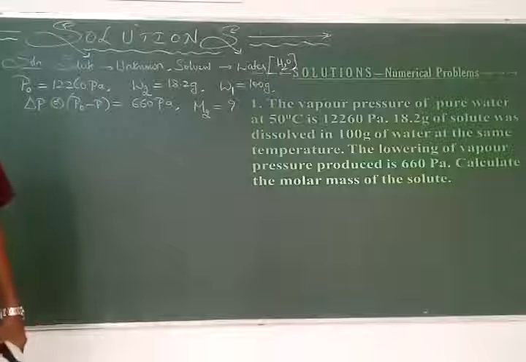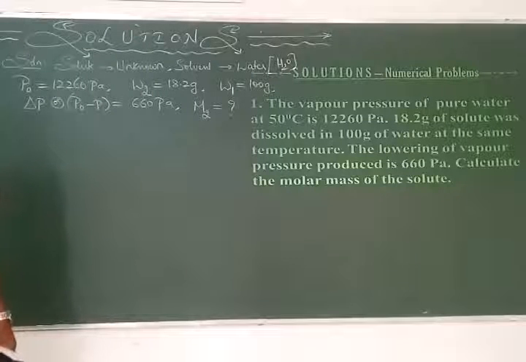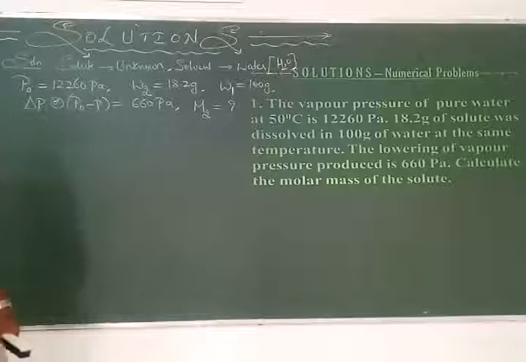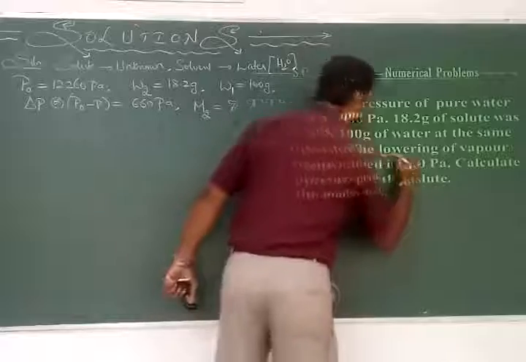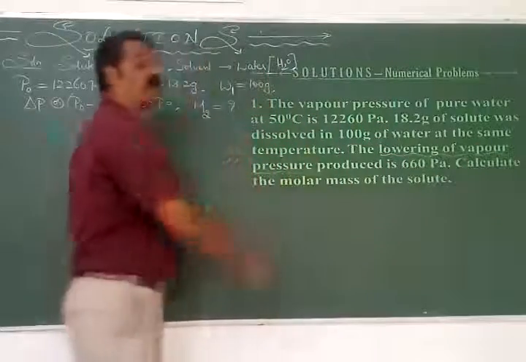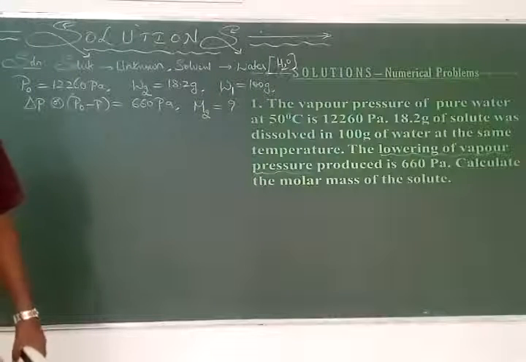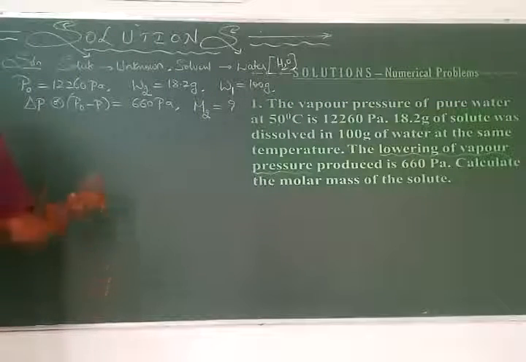I have given the list of formulas to calculate the molecular mass of a solute with the help of the 4 different colligative properties. Here, which is the colligative property? It is the lowering of vapor pressure. If lowering of vapor pressure is given, how do we calculate the molecular mass?